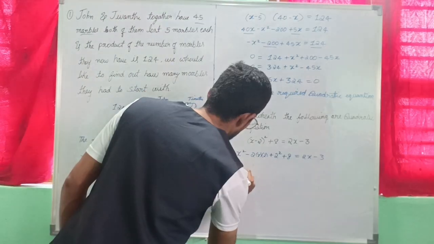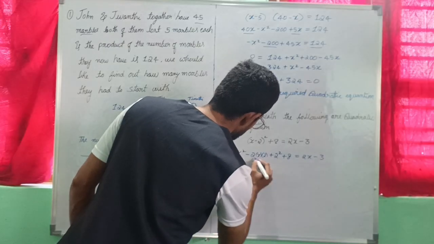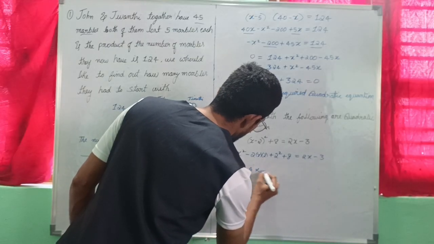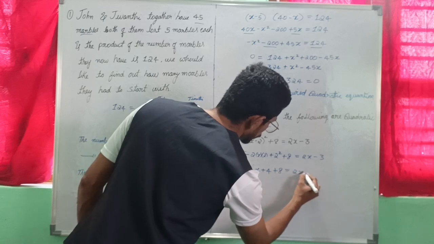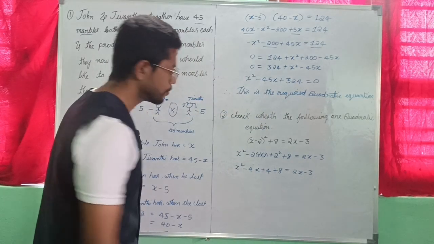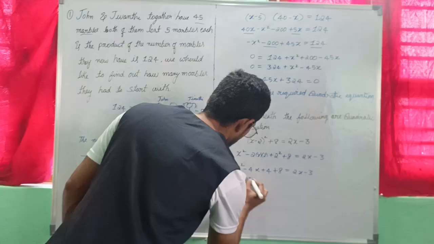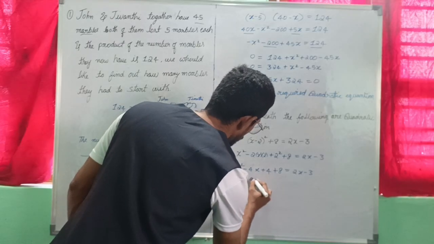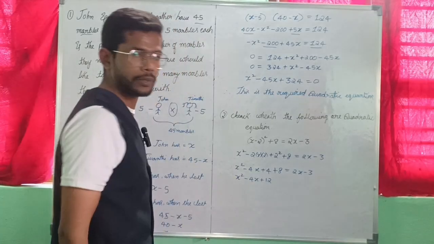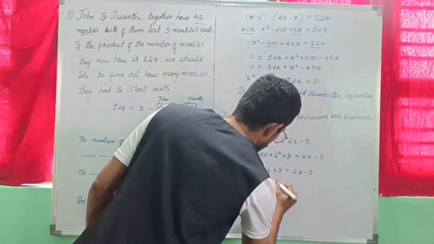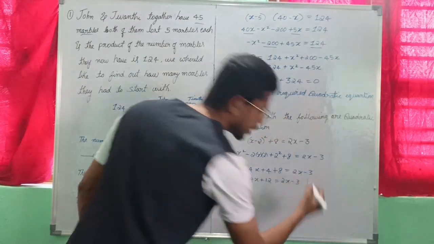And then we get x square minus 4x plus 4 plus 8 is equal to 2x minus 3. So x square minus 4x plus 12. 4 plus 8 is 12. So 12 is equal to 2x minus 3.